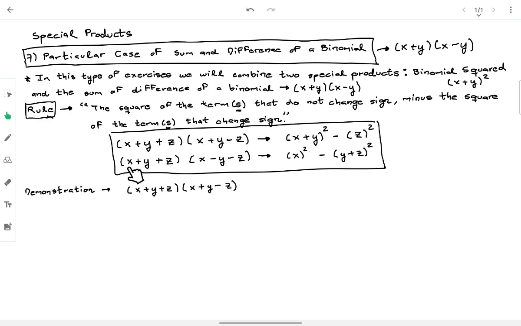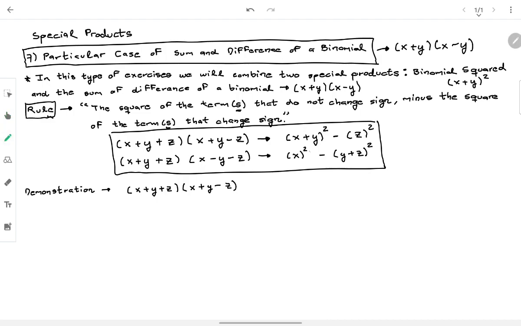And in the other one, we have something almost the same: x plus y plus c multiplied by x minus y minus c. In this case, it's the term that does not change sign, x, squared, minus those terms that change sign, y plus c, squared. So let's see the demonstration of how we get these specific answers.